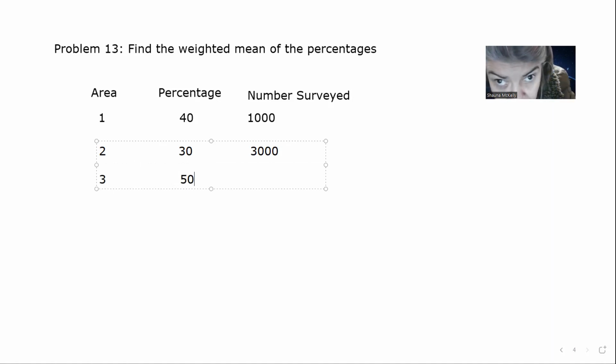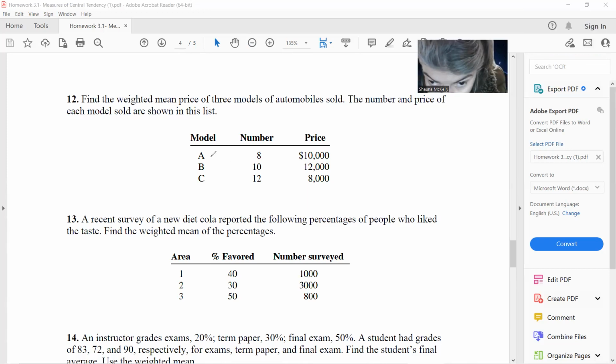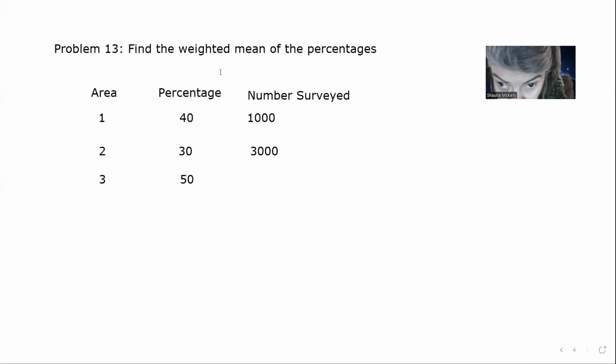Let me check that before I, yeah. Okay. And so you have 800 in there. So we're going to get 800 in here.